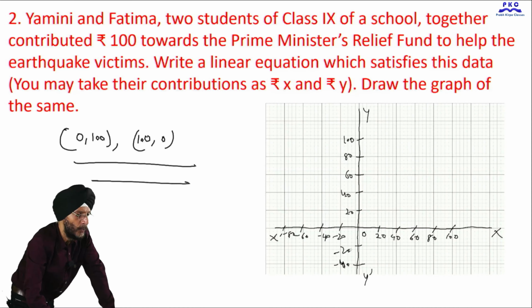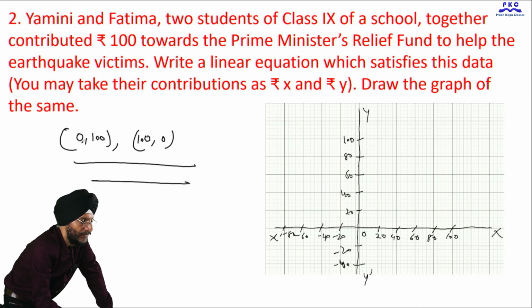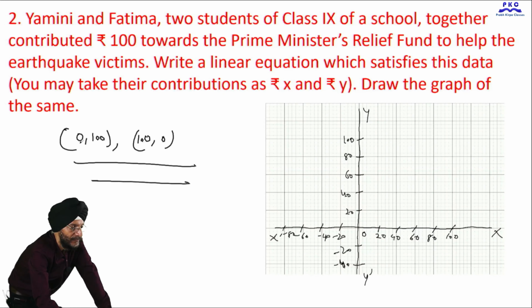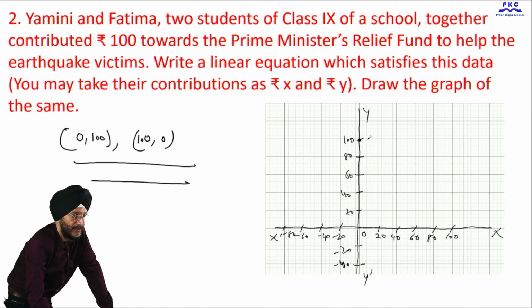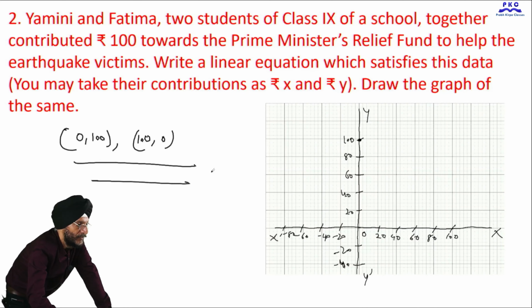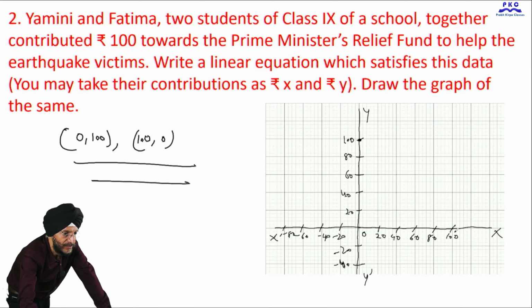So now what are the 2 points? The first point is when x is 0 and y is 100. So the first point will be this, which is plotted. Now the next is when x is 100 and y is 0.